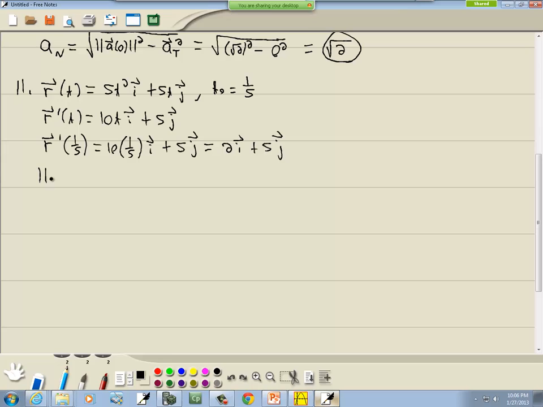Now I also need the magnitude of r prime of 1/5, which is going to be the square root of 2 squared plus 5 squared, that's 4 plus 25, so the square root of 29.